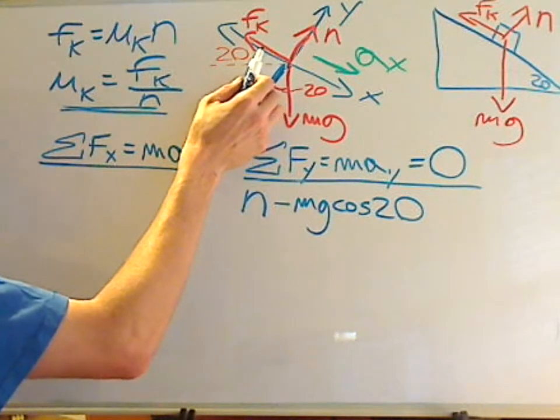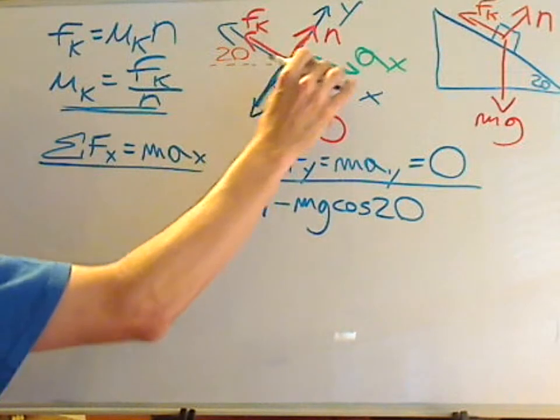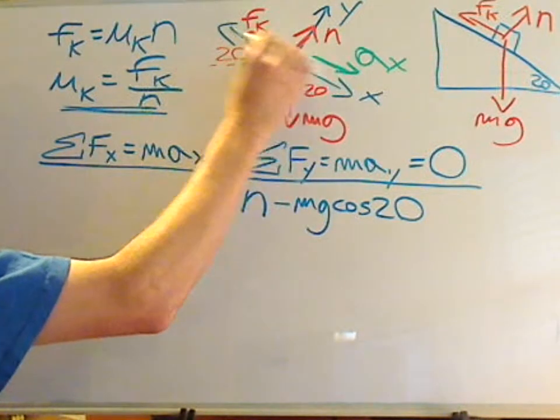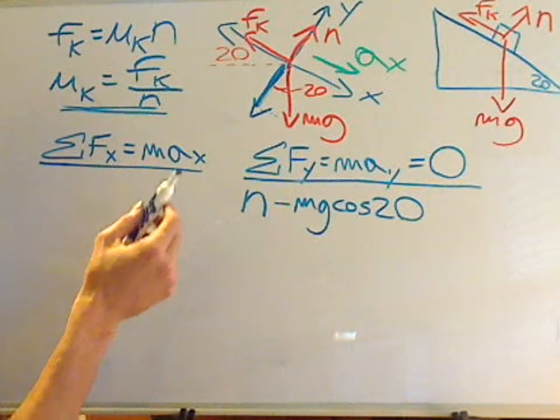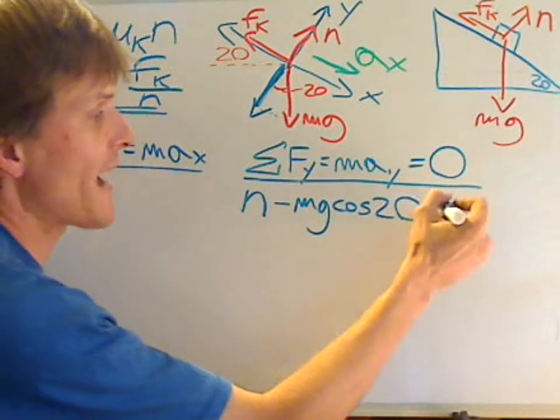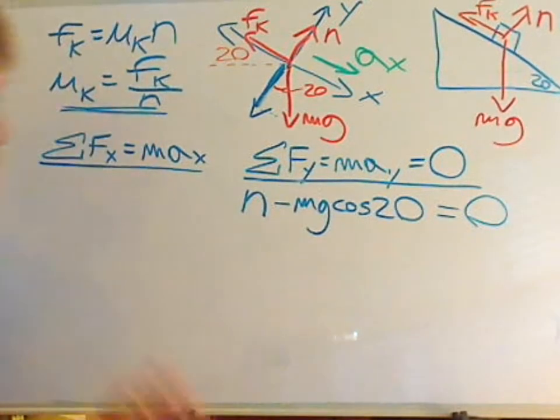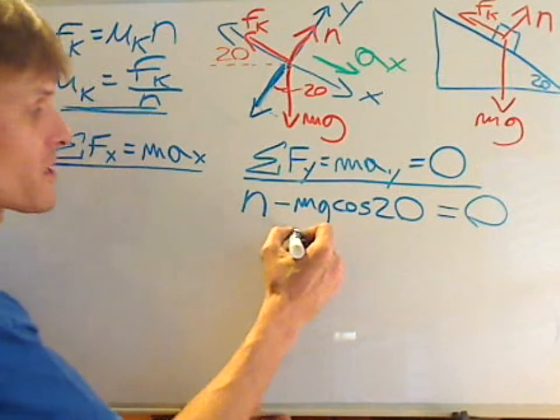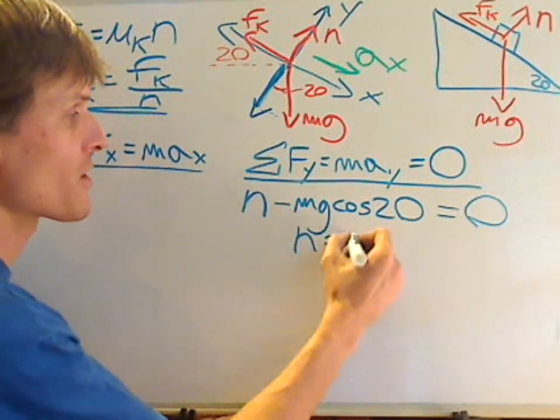And then the force of kinetic friction has no y component because it's entirely along the negative x direction. And those have to add up to 0. Okay? So the normal force is equal to mg cosine 20.